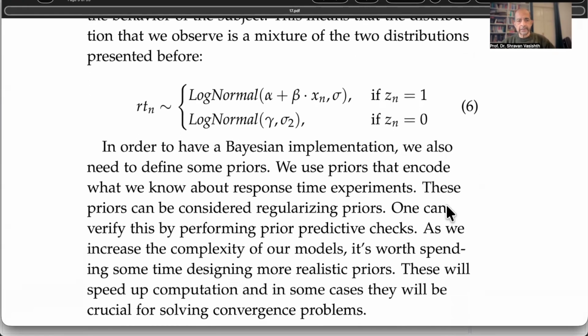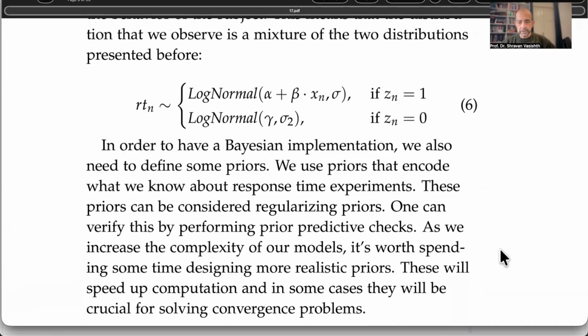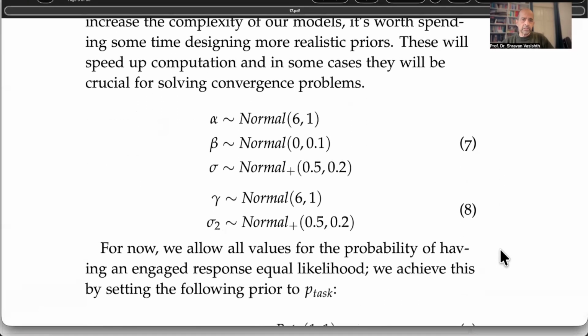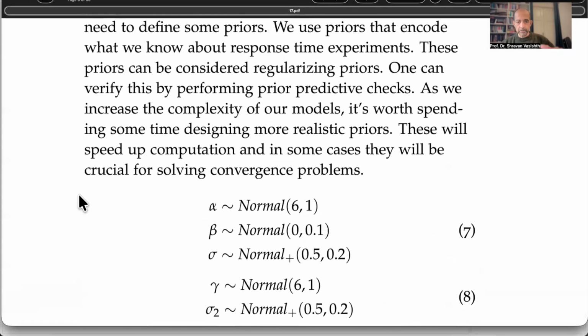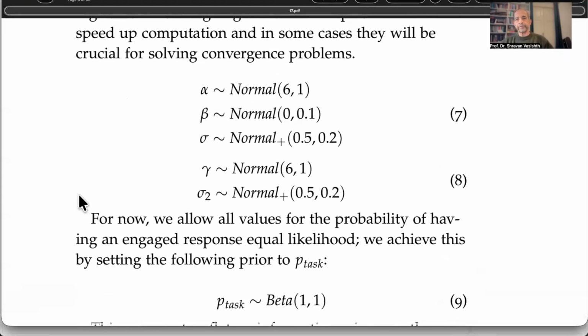In the Bayesian implementation, we're going to marginalize out the z. So we're going to use the other notation, which I showed you earlier. We have these parameters 1, 2, 3, 4, 5, and then there's the probability parameter 6, that's p task here. And so we define some priors.